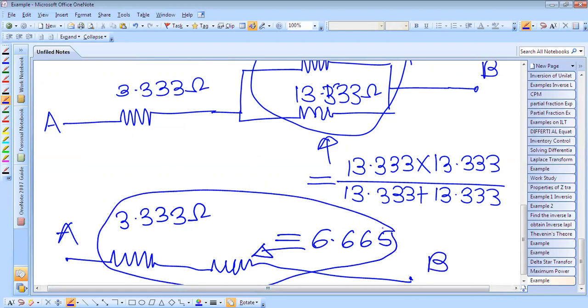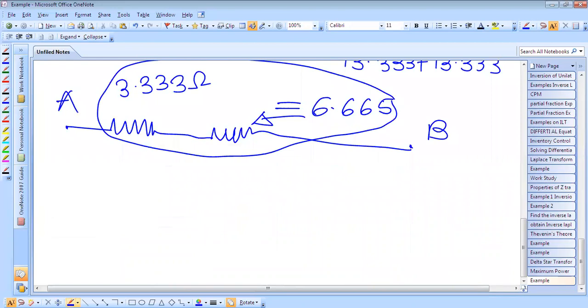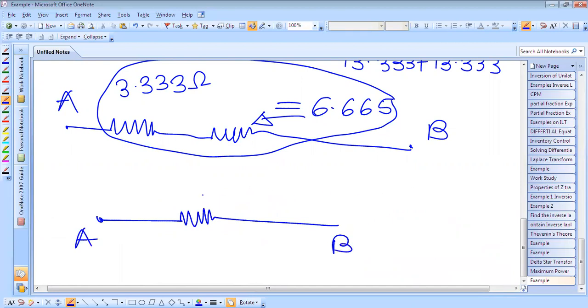now we can find this equivalent resistance between A and B. So this is coming equal to 8.999 ohm, which is approximately equal to 1 ohm.